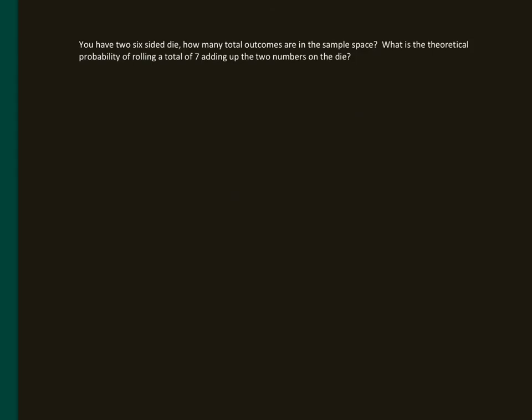If I rolled a 1 on the first die and a 2 on the second, that would equal a total of 3. But I could also do that exact same thing by doing 2 and 1. So just be careful when we think about this. And just remember, if you're not sure, rewind and listen to how you can figure out the total number of outcomes. Okay, guys? So I'll see you guys tomorrow and bring this finished up for me.